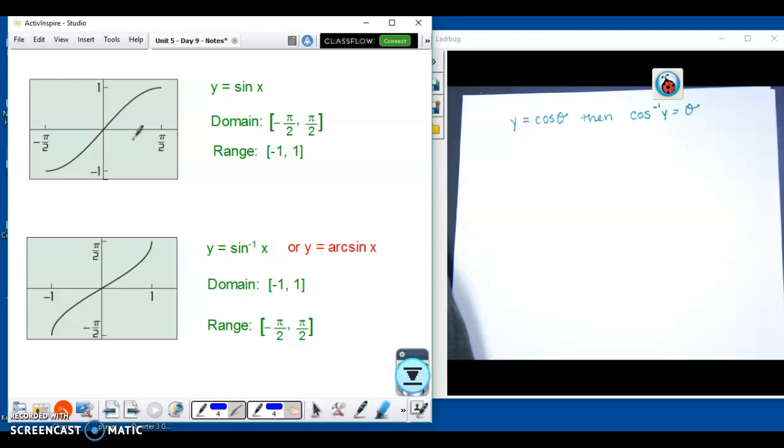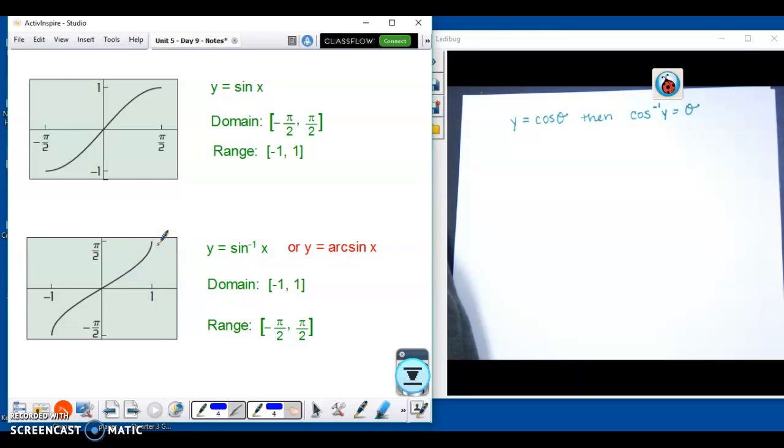The inverse, which is what we're going to be focusing on, is y equals sine negative 1 x or y equals arc sine x. Those mean the same thing. The inverse is reflected across y equals x, and this is what the graph of y equals sine to the negative 1 x looks like.